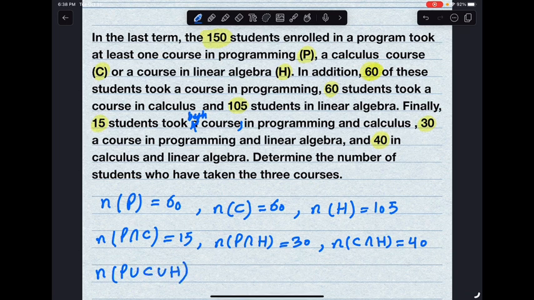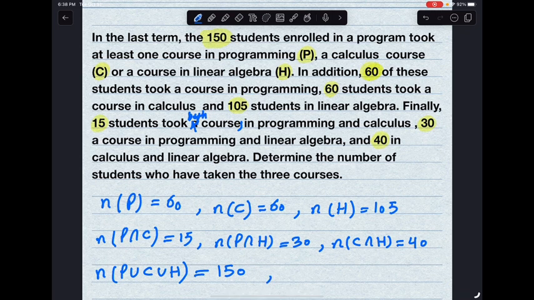So that means the total number of students who enrolled in at least one of these courses, P union C union H, which is the total number of students, is 150.